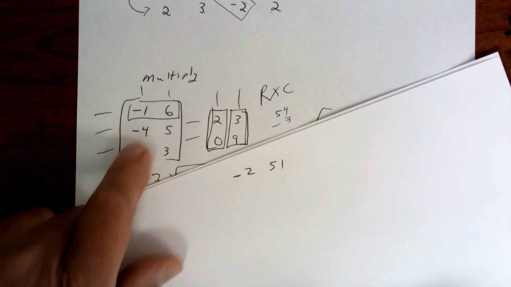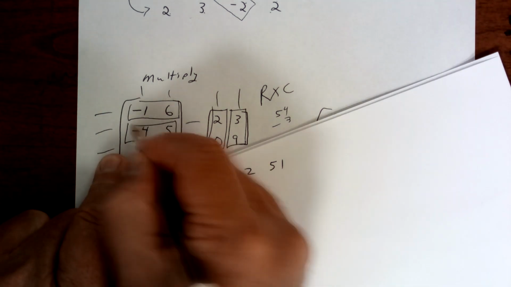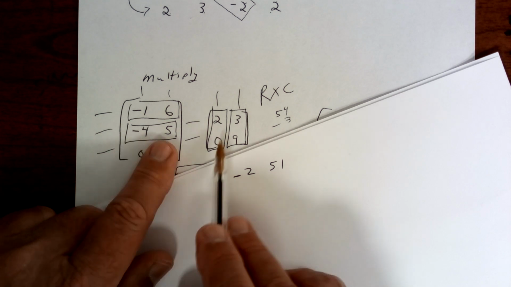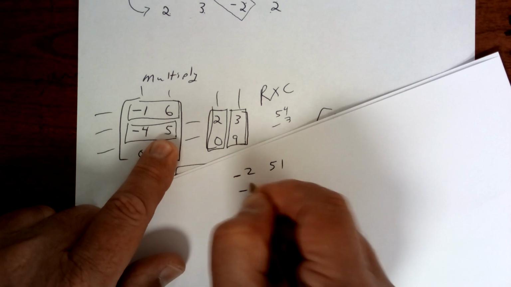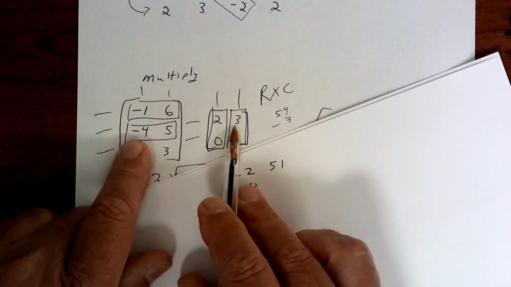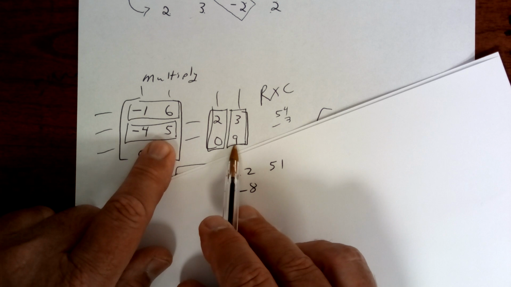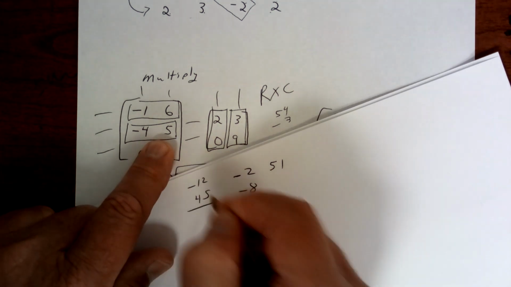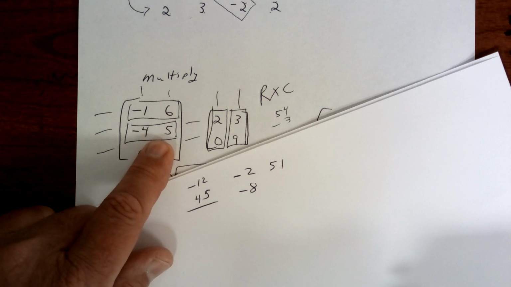Then I go to the next row and I do it again. That gives me a negative 8. Excuse me, negative 8 and 0. This gives me a negative 12, and that gives me 45. So a negative 12 and 45, whatever that is, let me think. Looks like 33.